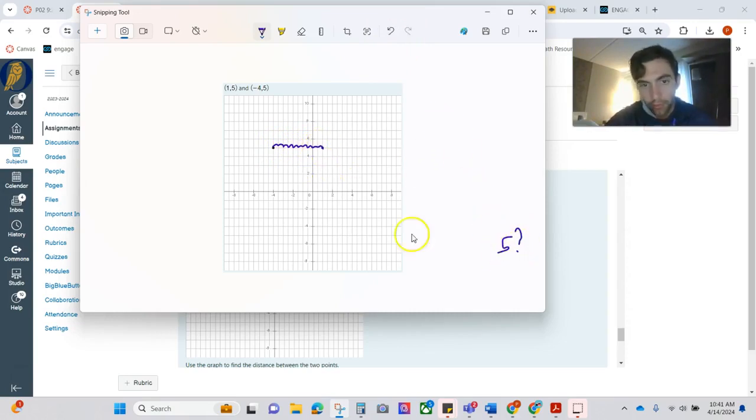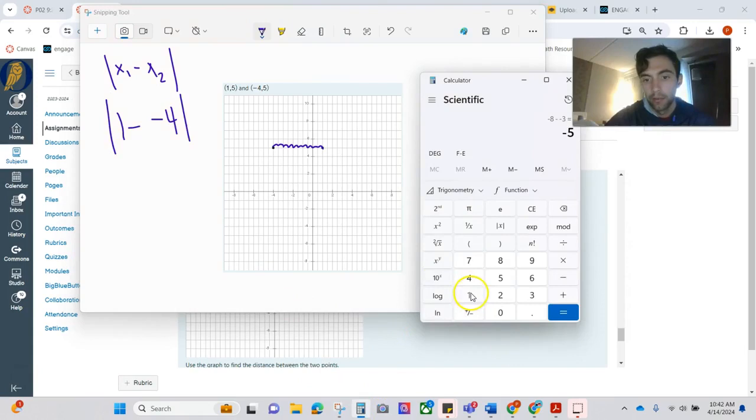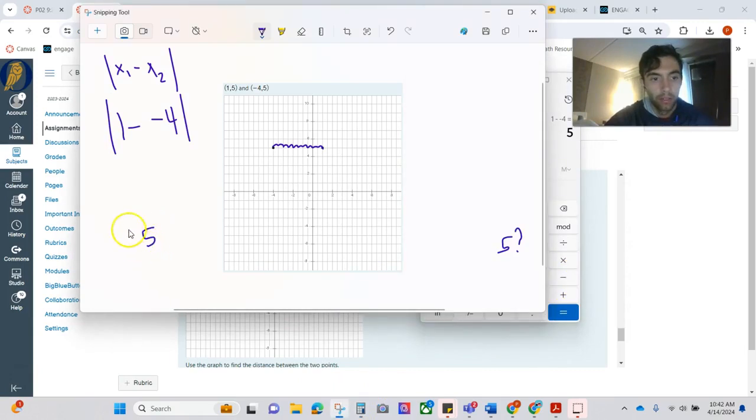We think it's 5, but let's prove it with mathematics using our subtraction formula. The first x minus the second x and the absolute value of that. So the first x is 1. The second x is -4. Find the absolute value. Let's type that in our calculator. 1 minus -4 is 5, absolute value, and the absolute value of positive 5 is 5.